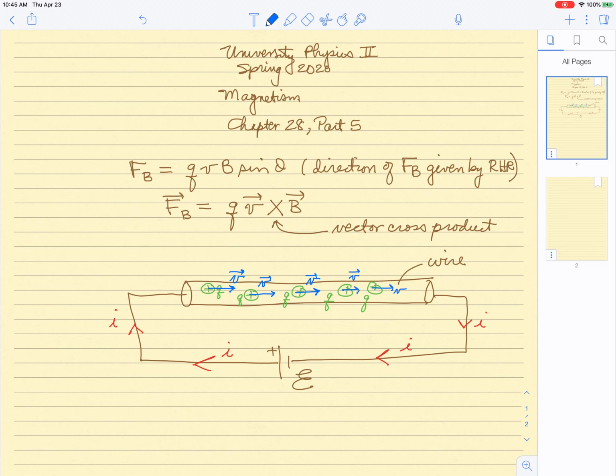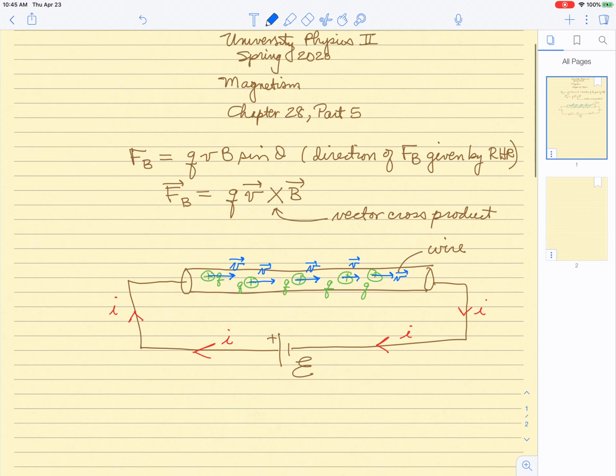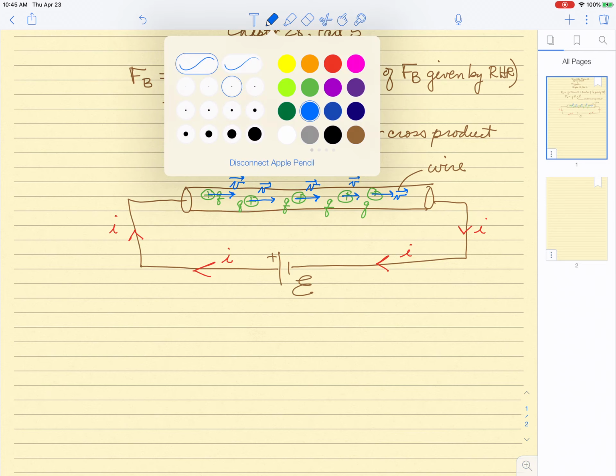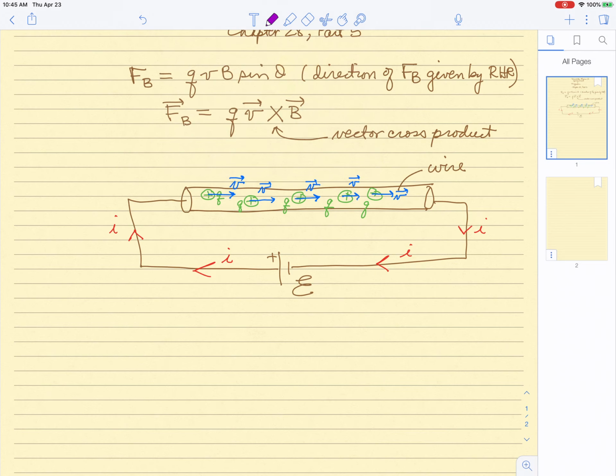And each one of these is possibly going to contribute to a magnetic force should this wire be placed in a magnetic field. So what we're going to do now is impose a magnetic field on this wire.